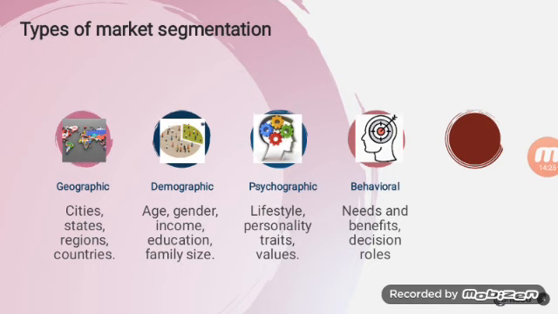As you can see on your screen, the first one is geographic market segmentation, or geographic segmentation. Geographic segmentation is where you target customers based on the same geographical borders.